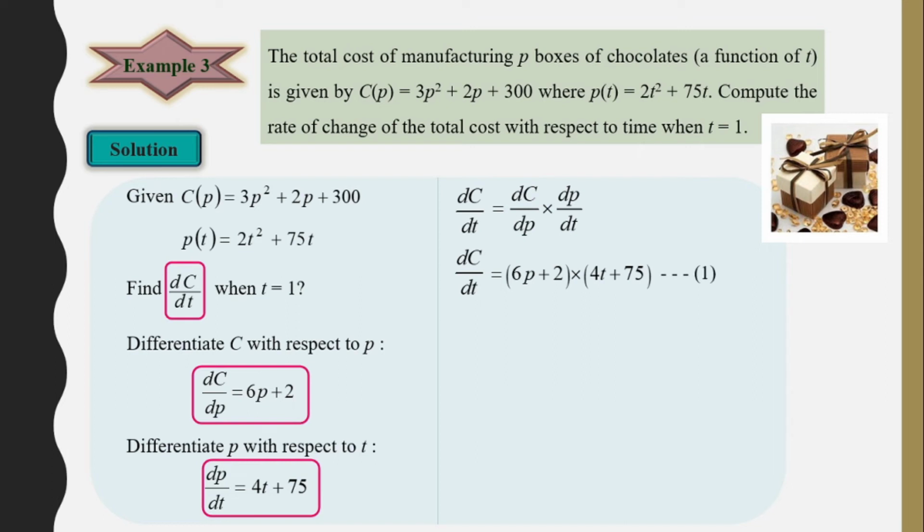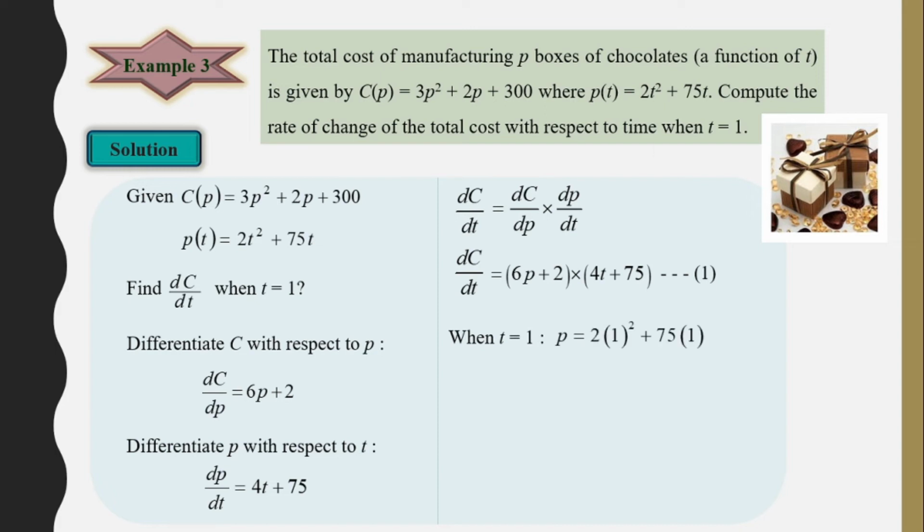To complete the calculation, we need to know the value of p when t equal to 1. So, we substitute t equal to 1 into p and obtain p equal to 77.